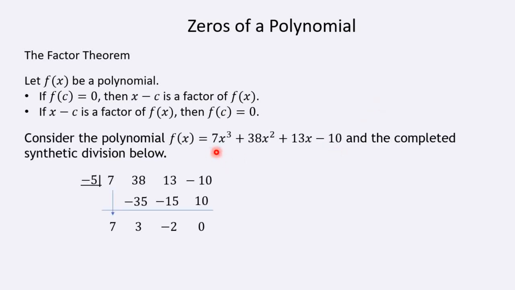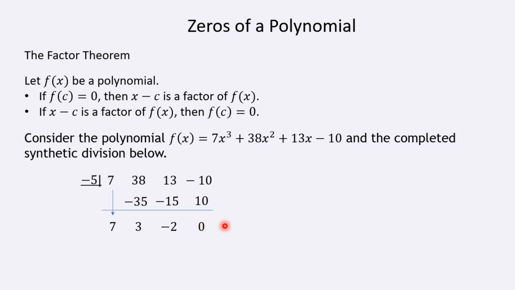Consider the polynomial f of x equals 7x cubed plus 38x squared plus 13x minus 10, and the completed synthetic division below. There I have the coefficients 7, 38, 13, negative 10 of f of x. And that means that the remainder here is actually 0.